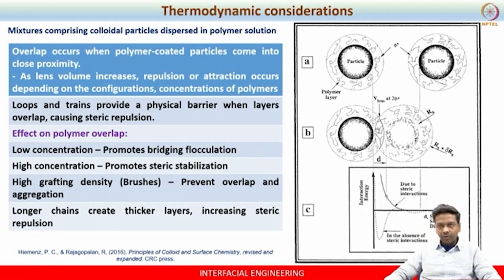So here we'll look a little bit more at the interaction energy. Whenever the particle surface is covered with polymer molecules using covalent interaction, you always expect steric stabilization, provided the grafting density is good. If grafting density is poor, we can't always expect steric stabilization.